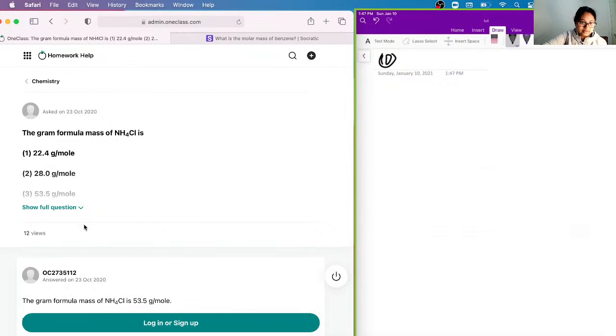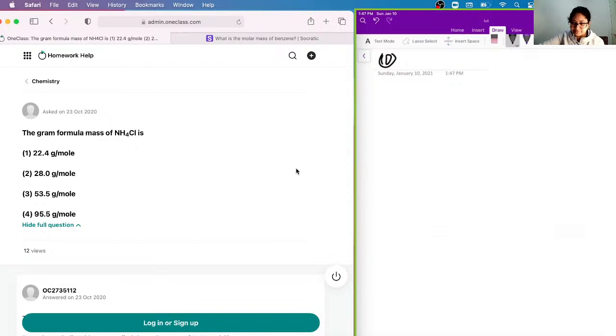Okay, so the next question says to find what the gram formula mass is. Gram formula mass is basically the molar mass of ammonium chloride.